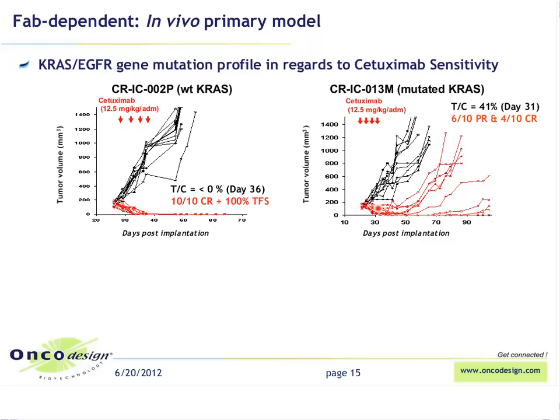We also observe 100% of response, but after this first response, we observed 4 to 5 tumors that start to progress again, and only 4 over 10 complete responses at the end of the study.